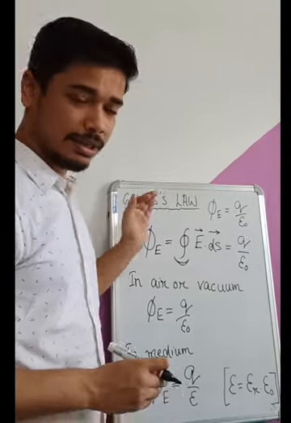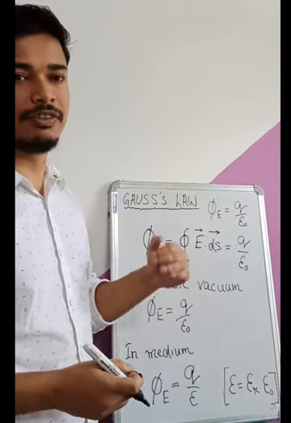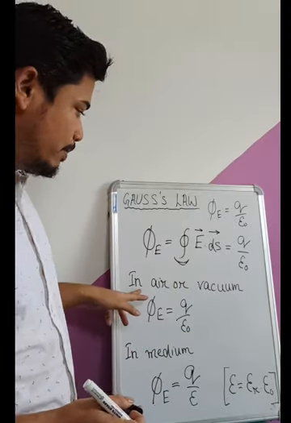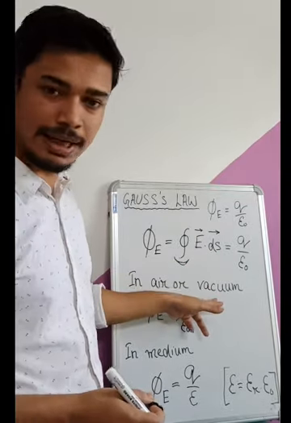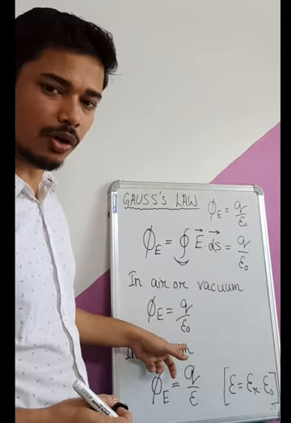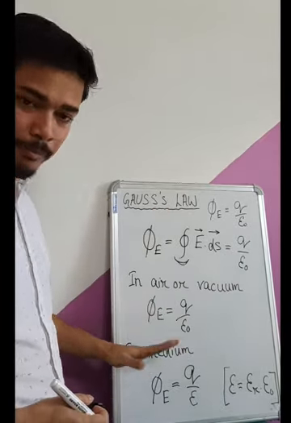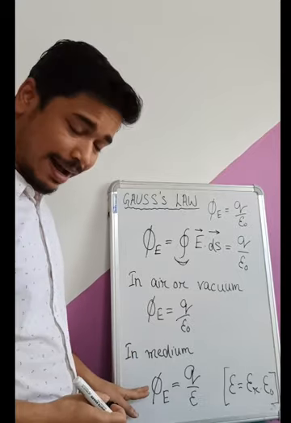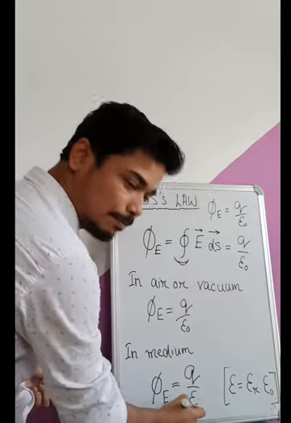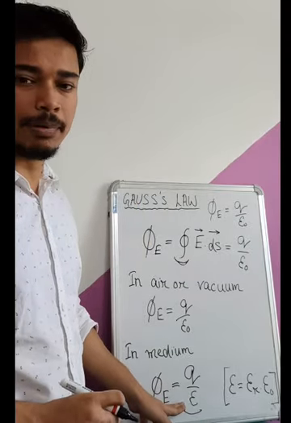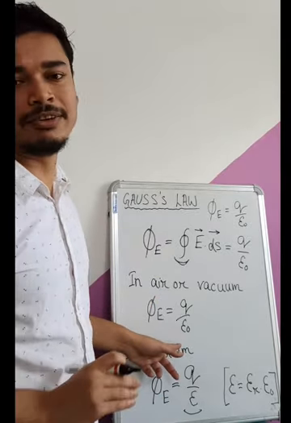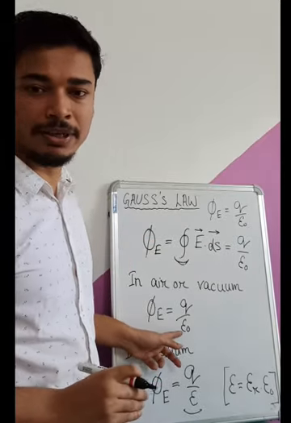Now if the 3D surface is placed in some medium, what will be its value? First of all, if we place the surface in air or vacuum, which is free space, then phi E is equal to q by epsilon naught. If we place it in some medium, then phi E is q by epsilon. Here we have put epsilon because this is the permittivity of the medium, whereas epsilon naught is the absolute permittivity of free space.